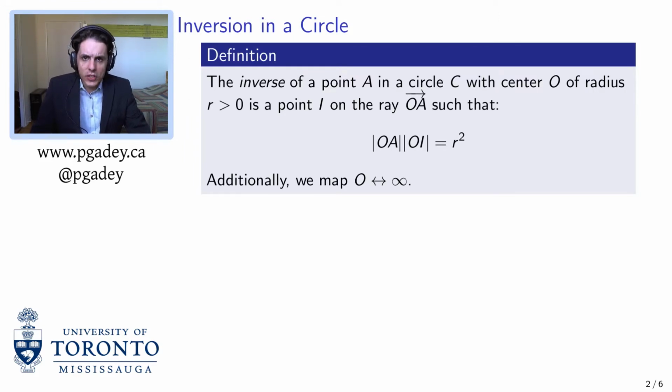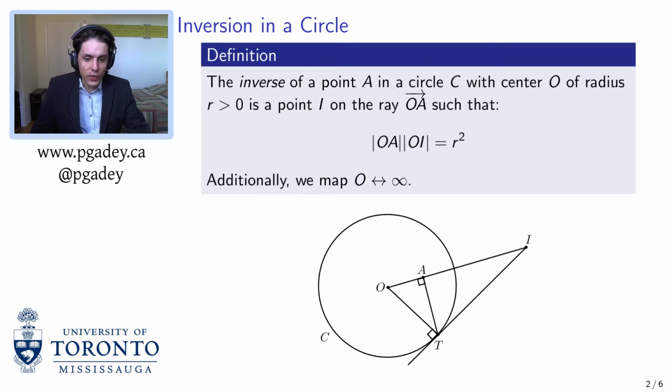How do we go about constructing such a point? Given a circle O with a point A, we proceed as follows. We take this point A, we take the ray OA. Now at A we construct a perpendicular out to a point T, and from that point T we construct a tangent.